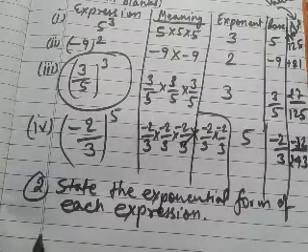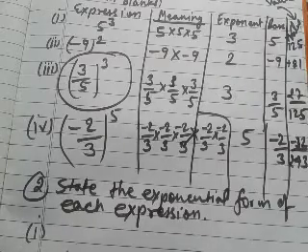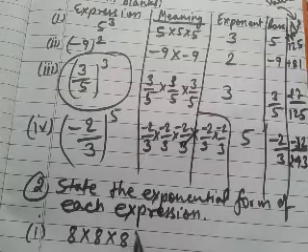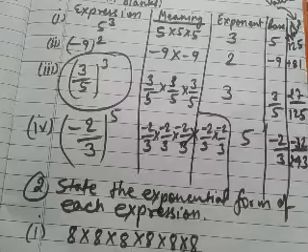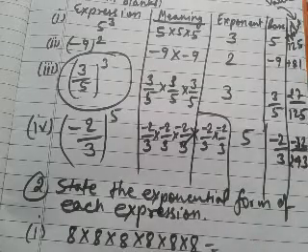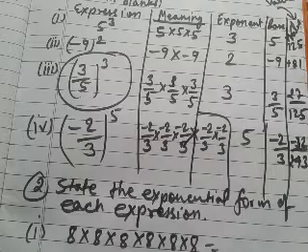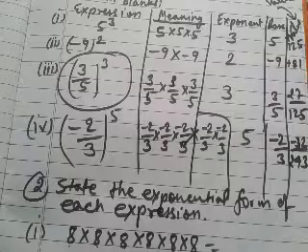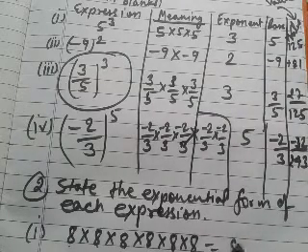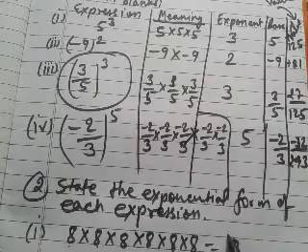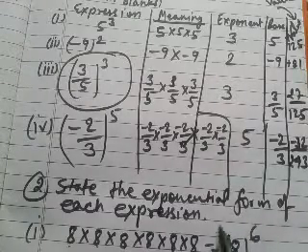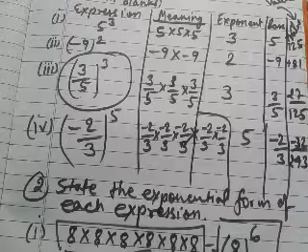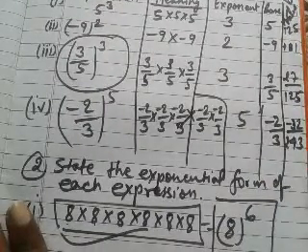Let us take the first question, 8 multiplied by 8 multiplied by 8 and so on. First of all, we have to count how many times 8 is written here in multiplication: 1 2 3 4 5 6. 8 is written here 6 times, so the base is 8 and its power is 6. So this is the exponential form of the given expression: 8 raised to the power 6.